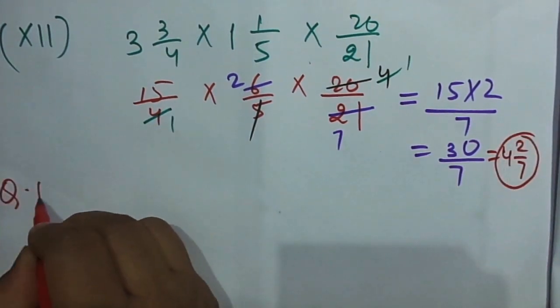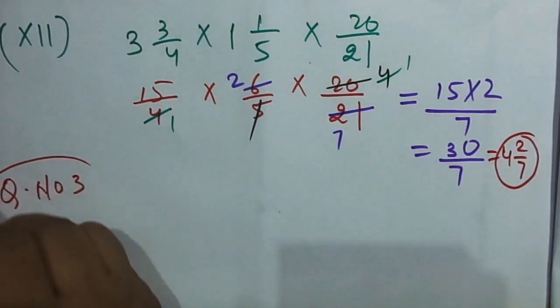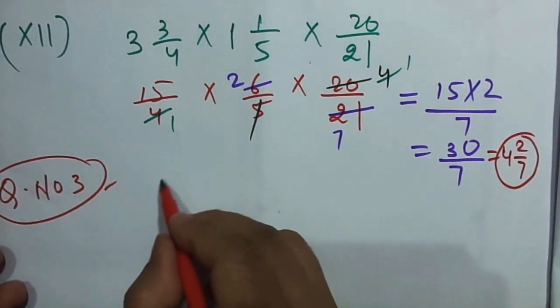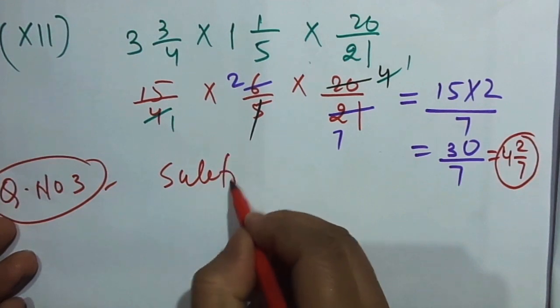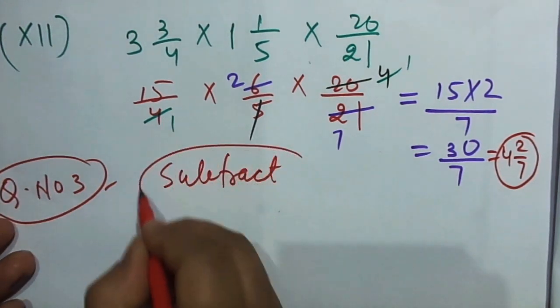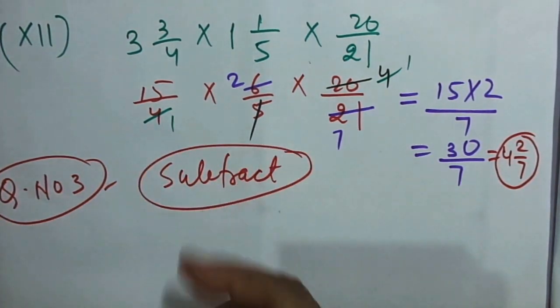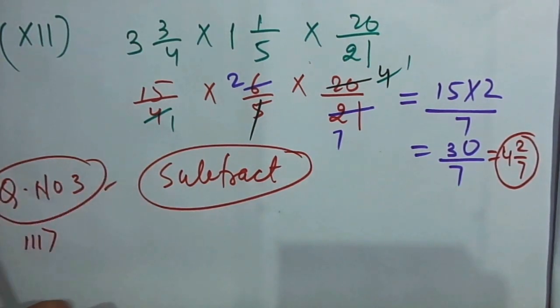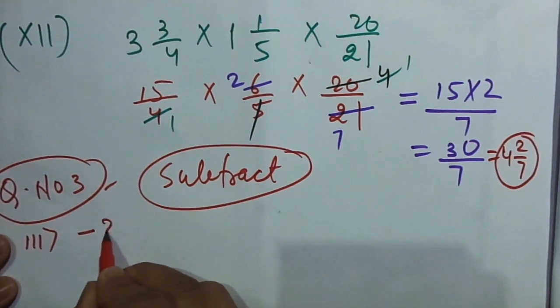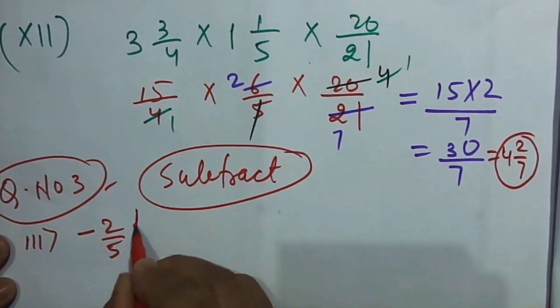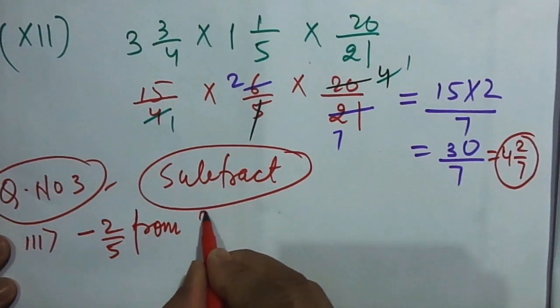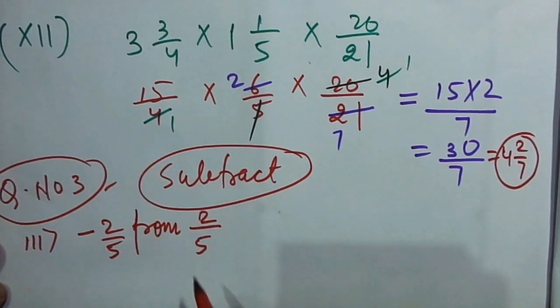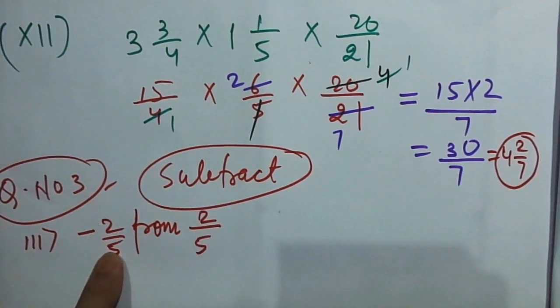In question number 3, we have subtract. Subtract minus 2 by 5 from 2 by 5.